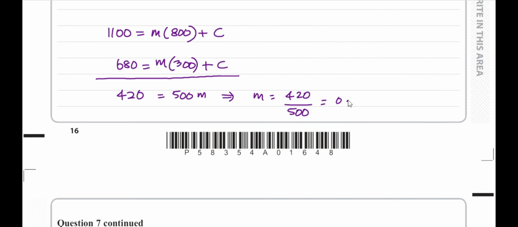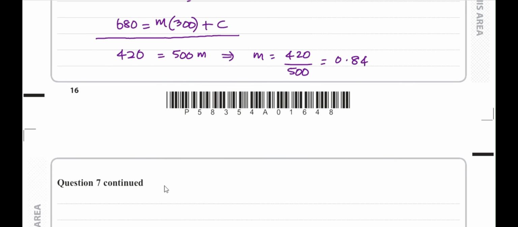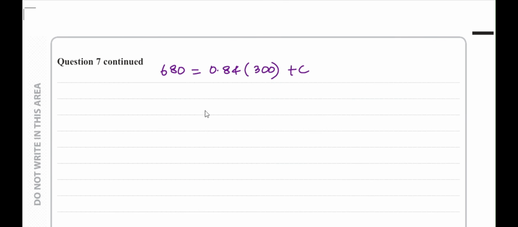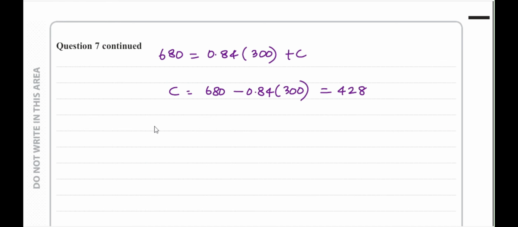That equals 0.84. Substituting that into the second equation, we have 680 equals 0.84 times 300 plus C, leading to C equals 680 minus 0.84 times 300, which gives 428. Putting these values together in the y function, y is equal to 0.84x plus 428, which is what the question wanted us to show.